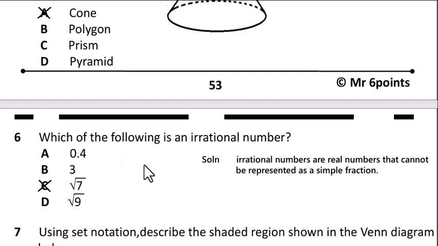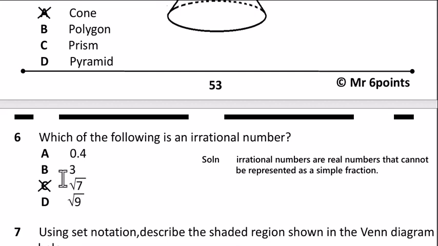We move on to question 6. Which of the following is an irrational number? An irrational number is a real number that cannot be represented as a simple fraction. In this particular case, 0.4 can be represented as a fraction, and 3 can also be represented as a fraction.